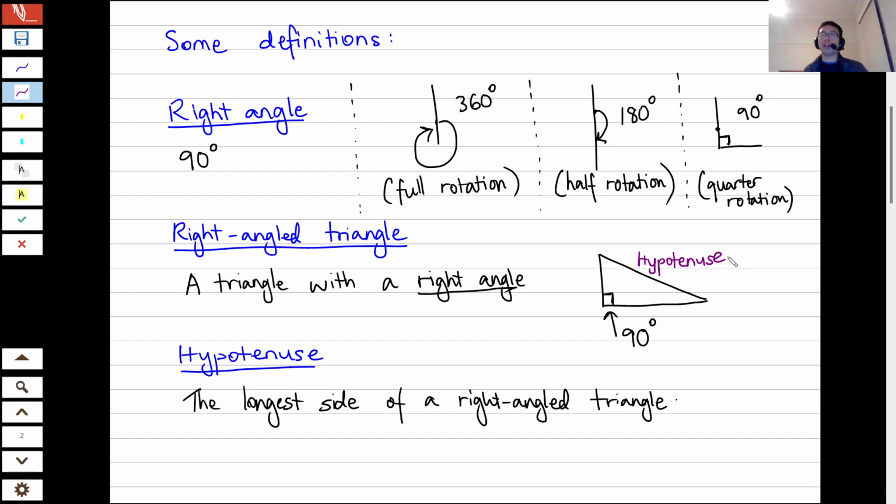I want you to note the relationship between the right angle and the hypotenuse. It's almost facing outwards from that angle. So we could say the hypotenuse is facing outwards from the right angle.